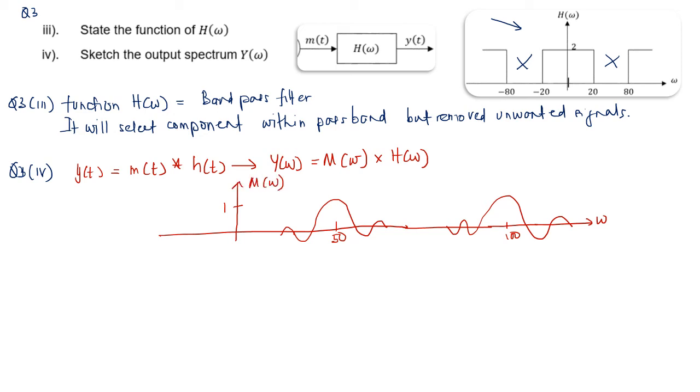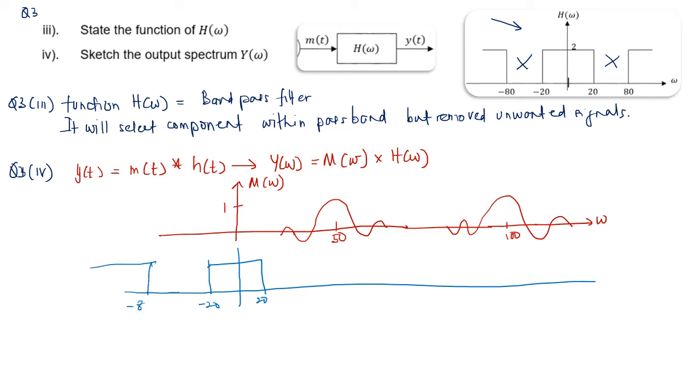Now multiply with H(omega), your H(omega) is the filter. So you have this one, 20 and minus 20, and minus 80, and also you have 80 somewhere here. So this is your H(omega). So what's the output Y(omega)? It is when you multiply M(omega) with H(omega).